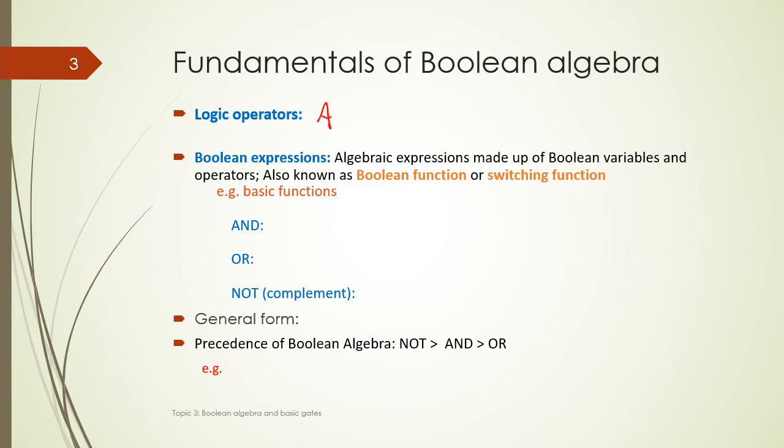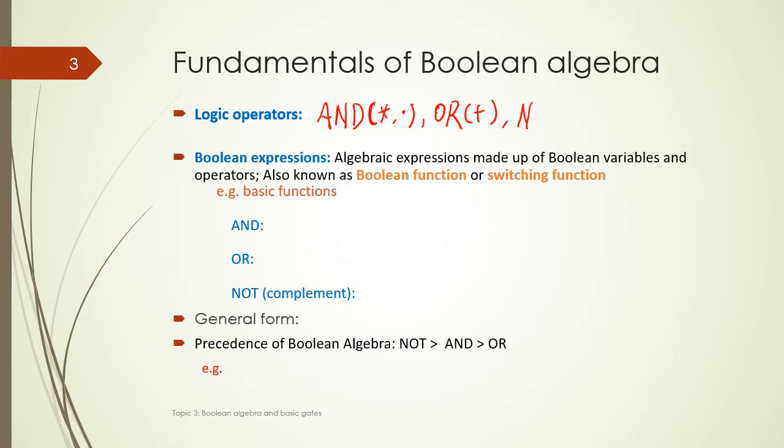The first one we talk about is the AND operator, and it has the same symbol as the multiplication operator. Sometimes we use a star, sometimes we just use a dot, or sometimes we don't even put anything between the variables, right? And we have the OR operator, which is the same as the plus sign, but be careful, we don't read it as plus, we read it as OR.